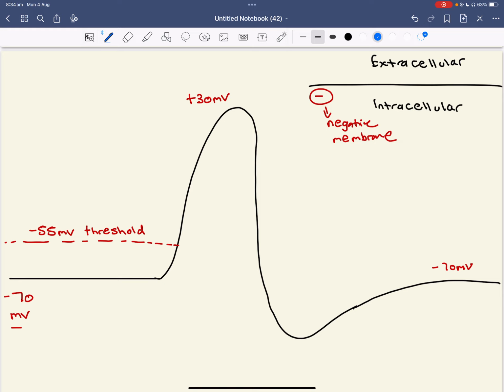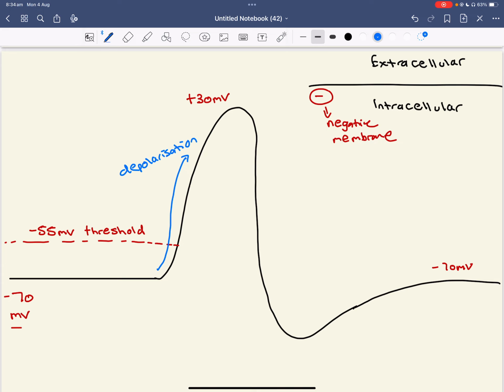So what happens during this phase is called depolarization. Why is it depolarization? We're going more positively charged, and polarization is the difference in charge. It's approaching zero, and it will eventually get to a positive charge.